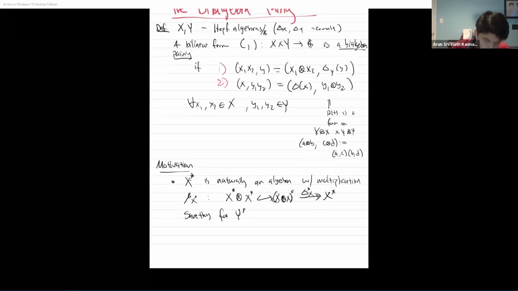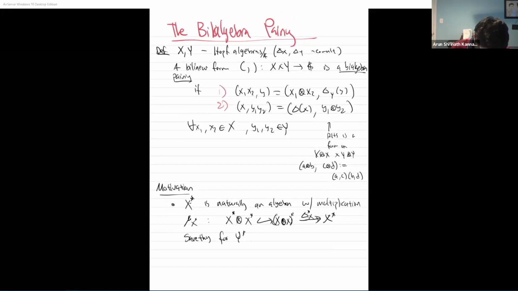Okay, and then a bialgebra pairing, the condition one is the same thing as the map that X maps to Y dual, given by x maps to x dot, is an algebra homomorphism.